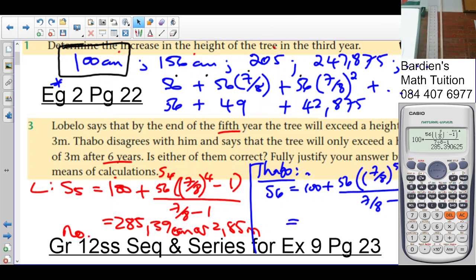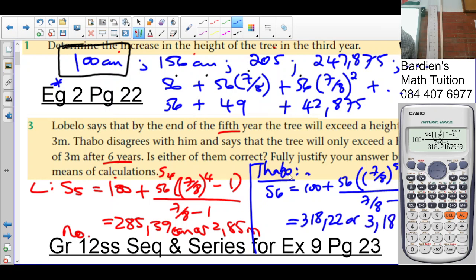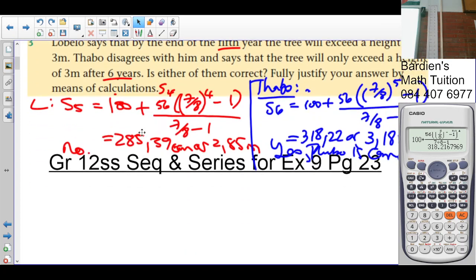So that gives us, just changing that exponent there to 5, 318,22 centimeters, or 3,18 meters. So yes, Tabu is correct.